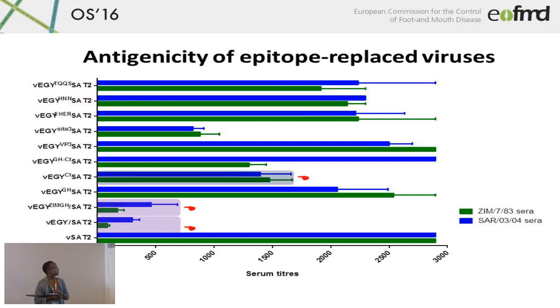And then with the CT mutant, we found that there was a reduction in neutralizing titer against both sera, and similarly with the GHCT, there was a reduction in reactivity only to ZIM7N3 sera. So these results confirm that the GH and the C terminals are indeed immunogenic.